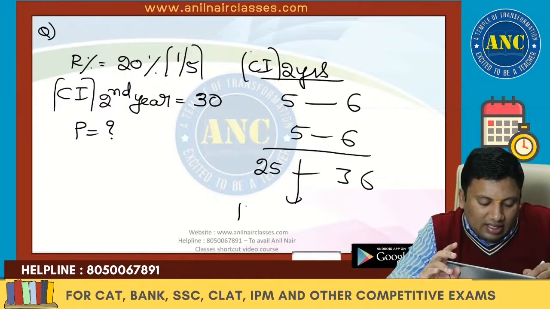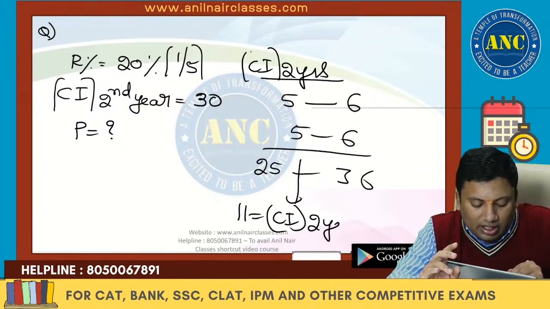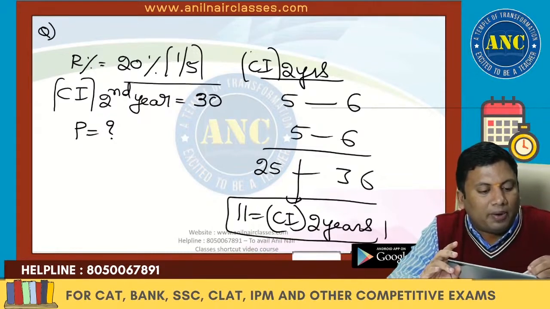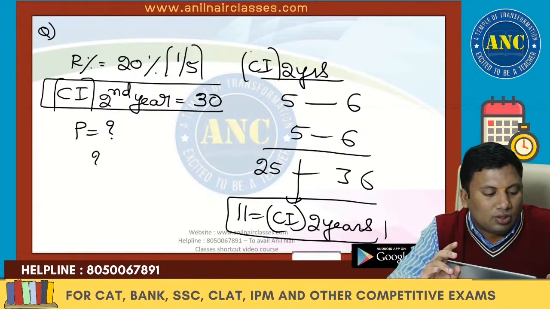These extra 11 is nothing but CI for 2 years. But for a particular year, it is given. So this method cannot be used.